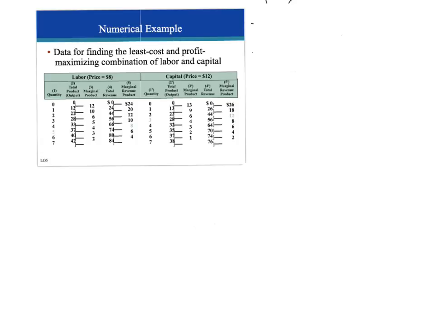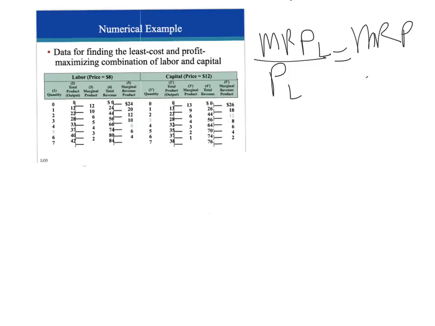For the profit maximizing combination, it has to satisfy marginal revenue product of labor divided by the price of labor equals the marginal revenue product of capital divided by the price of capital.